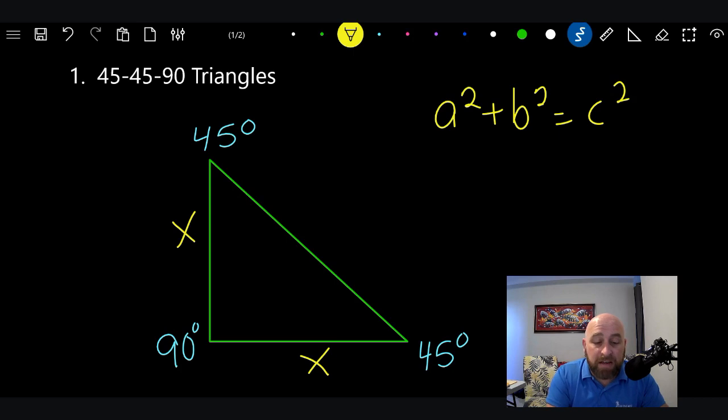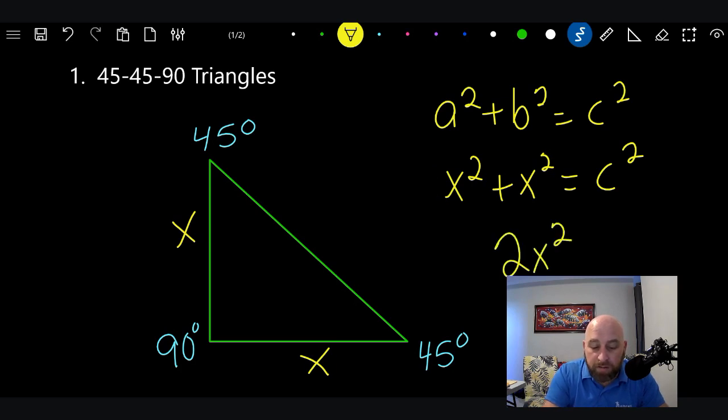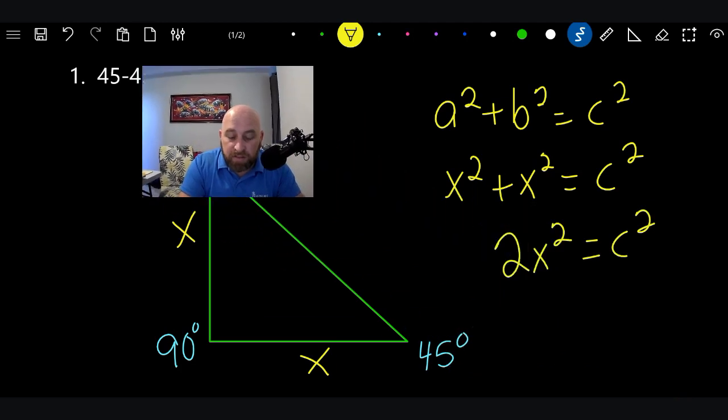Now, instead of values for a and b, let's just use these x's right here, because they always equal. So we could put x squared plus x squared equals c squared. What do we do here? We combine those because those are like terms. 2x squared equals c squared.